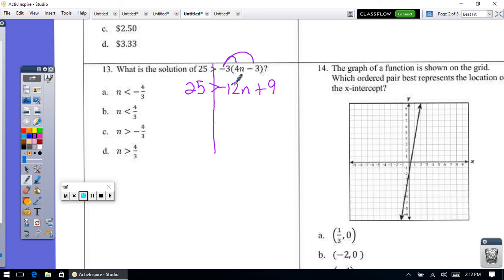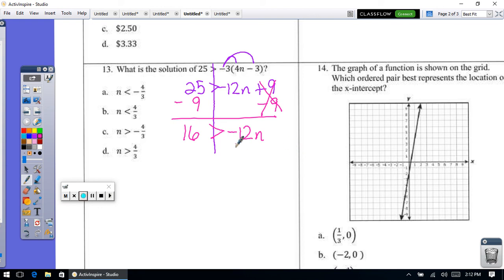I'm just going to solve it like we see it here, and we'll change that at the end. Since our letter is on the right, let's move everything to the left by doing opposites. Positive 9 becomes negative 9. 25 minus 9 is 16. Bring down your inequality. Bring down negative 12n.